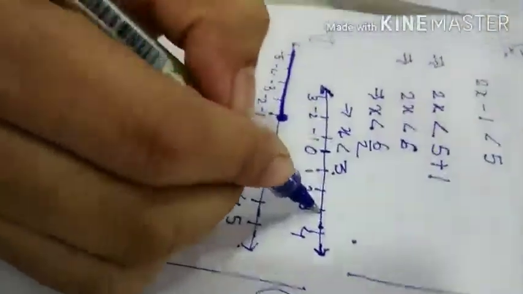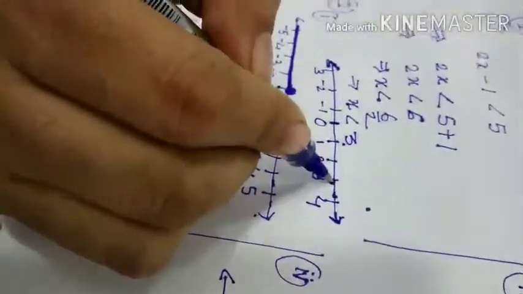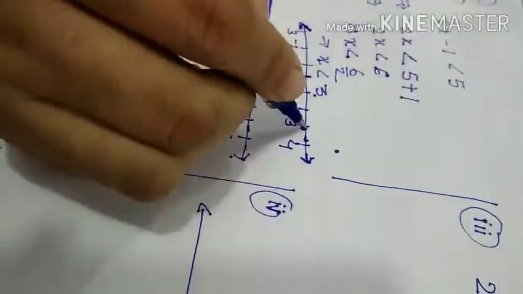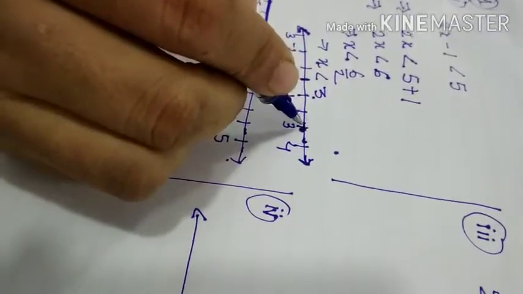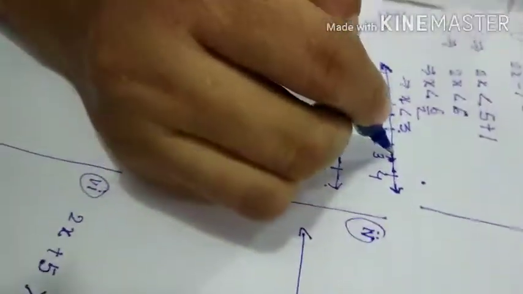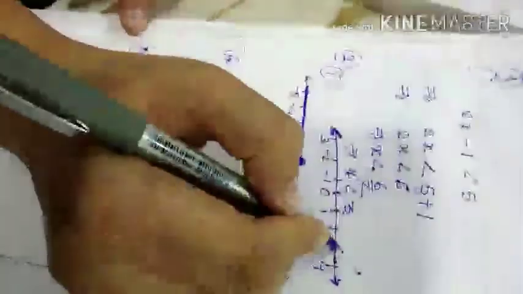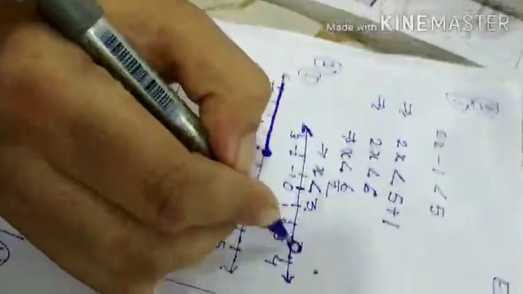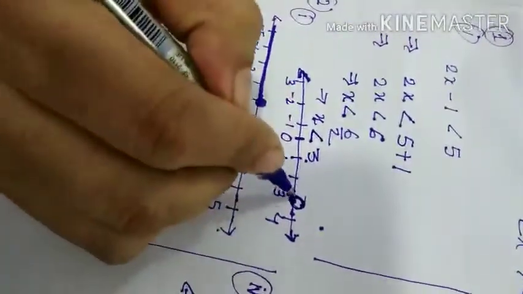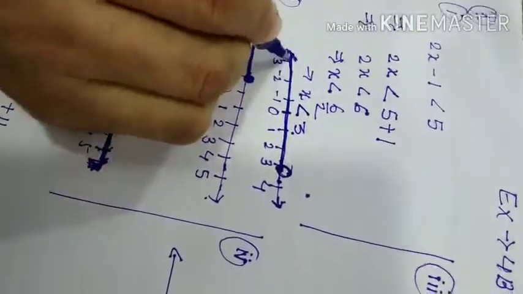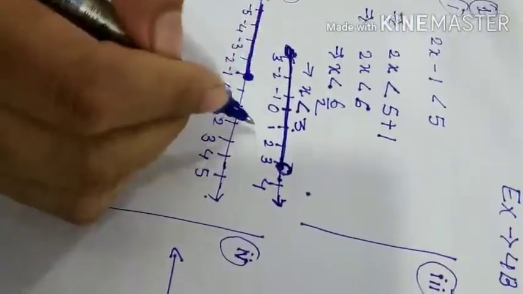Here is my 3, and the values of x less than 3 will always lie on the left hand side. Since the equation has only a less than mark, we represent it with a hollow circle and draw a dark line till the end on the left hand side. This will be my solution set.